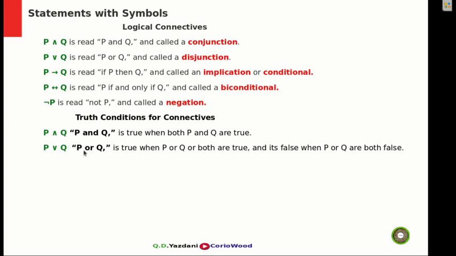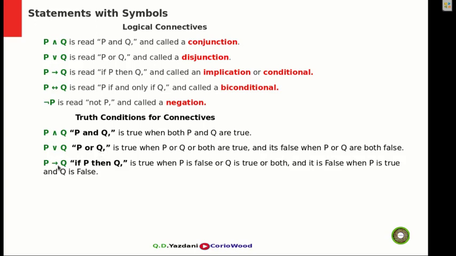If both are true, it is true, and if both are false, it is false. But if one is true and one is false, it is true. If this one is, say, 99% false and 1% true, then it is still true. That's how the OR behaves in mathematics and computer science.